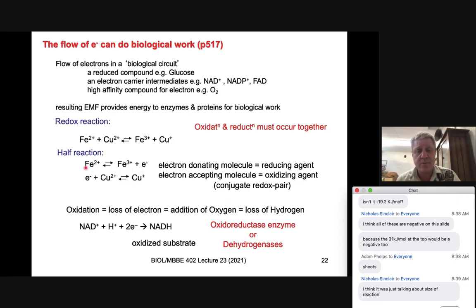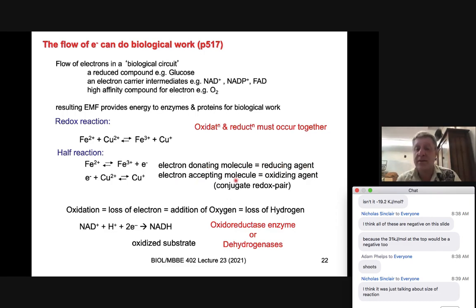So in this case, we need to identify the donating molecule and the accepting molecule. And this donating molecule, here we have the ion Fe2+ going to Fe3+ with that electron. That electron is then going to sink into the Cu2+ to give us Cu+. So the electron donating molecule is the reducing agent.